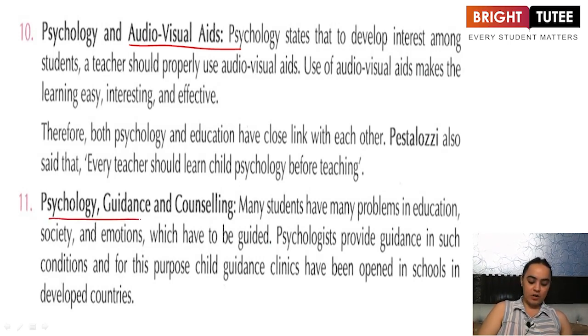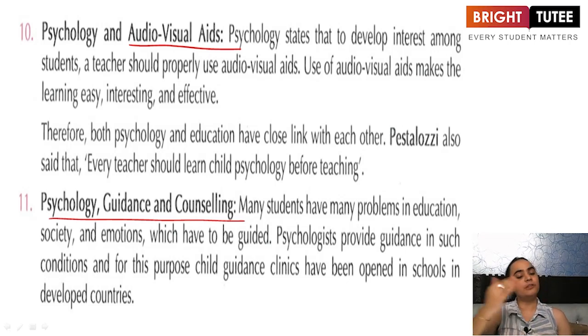Then we have psychology, guidance and counseling, as we have already discussed. In education, there are many problems. The students themselves are of different types, coming from different cultures, different backgrounds, different societies, having different emotional setups.